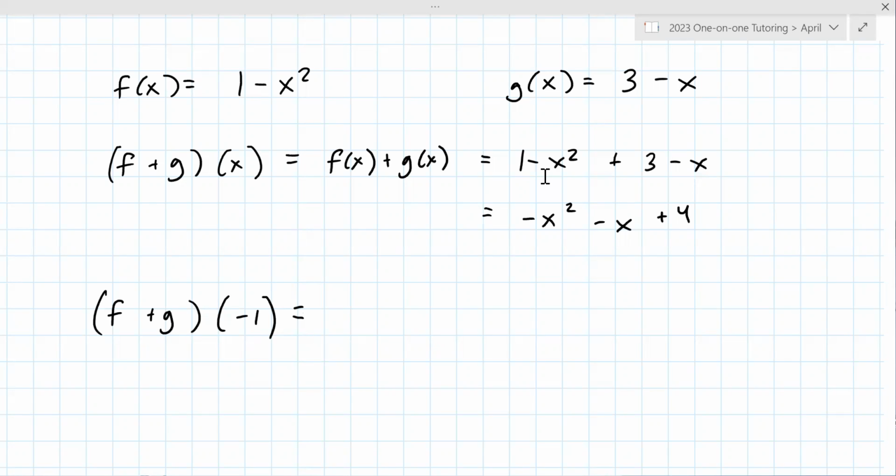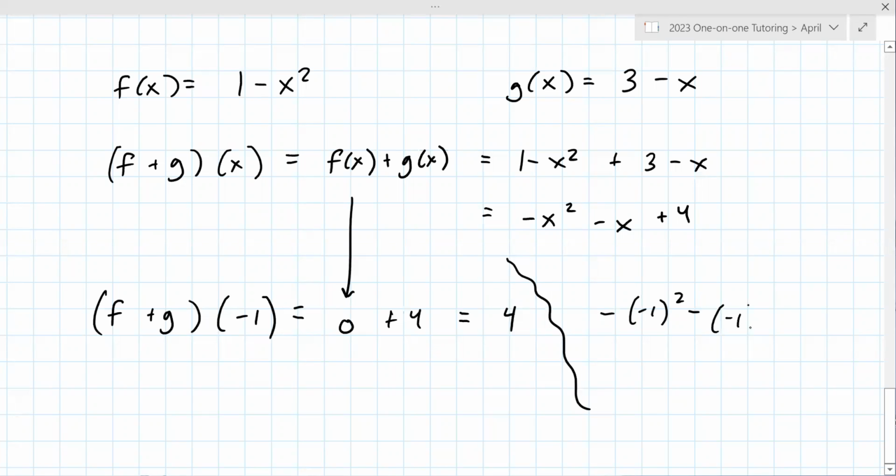So f of -1 would equal 0, and then g of -1 would equal 4. Okay. So you do them separately and then add them together. So 4. Yes. Gotcha. Or you could go right to this one on the right here, minus -1 squared minus -1 plus 4. -1 plus 1 plus 4 is 4. Same thing.